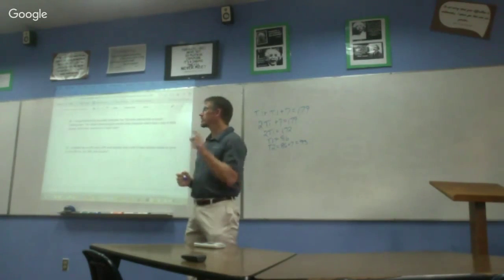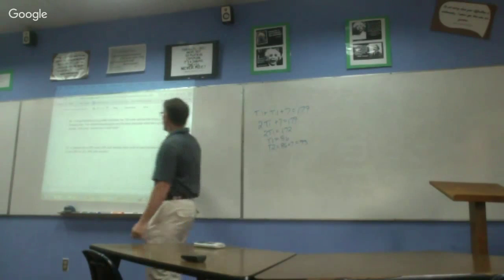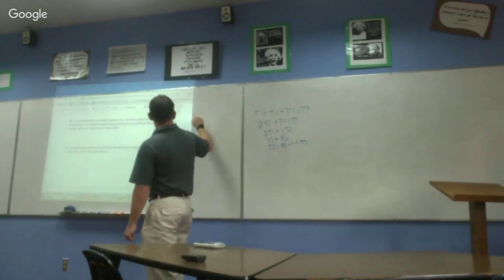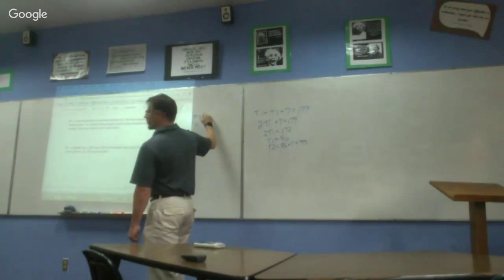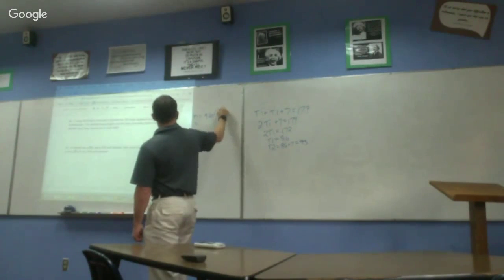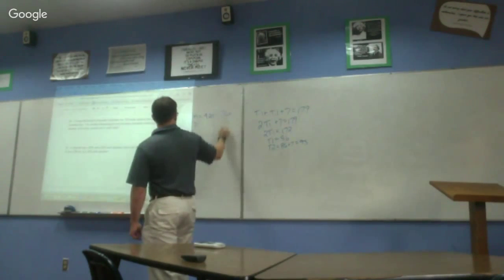Ladies and gentlemen, I know some of you are working ahead. So the milkshake and the double cheeseburger. What did we say the milkshake was? No, the milkshake is 1,160.